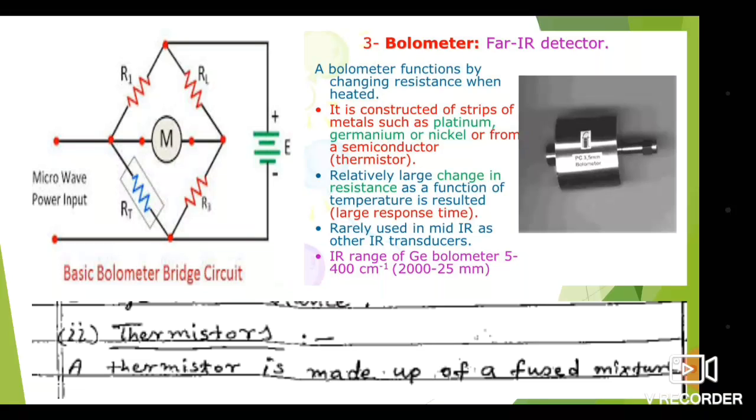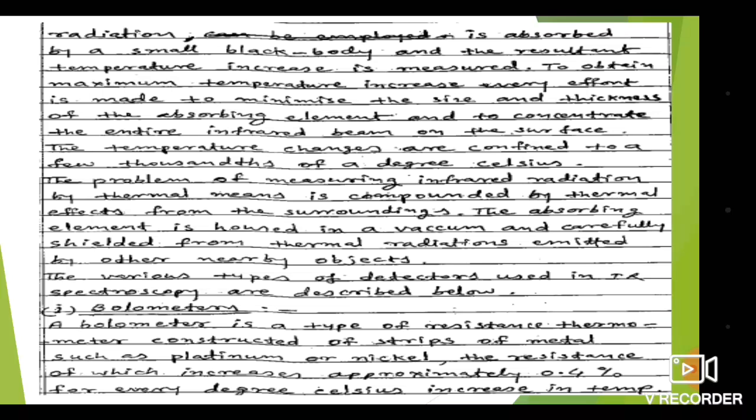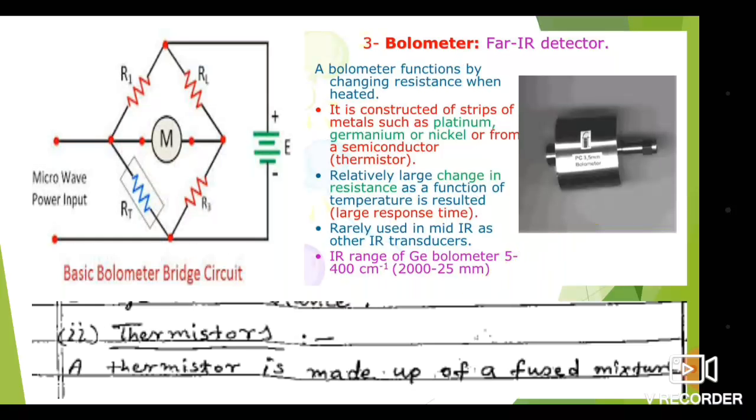A bolometer functions by changing resistance when heated, so with a change in temperature, the increase in resistance is about 0.4%.